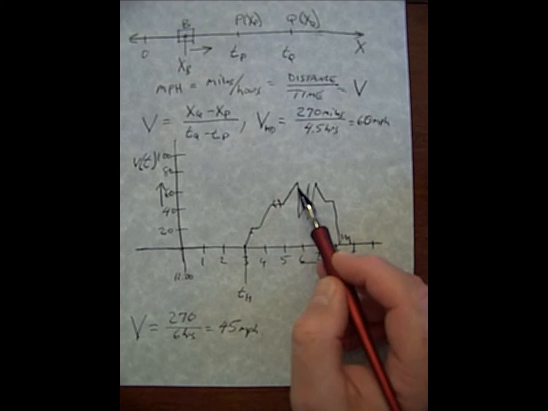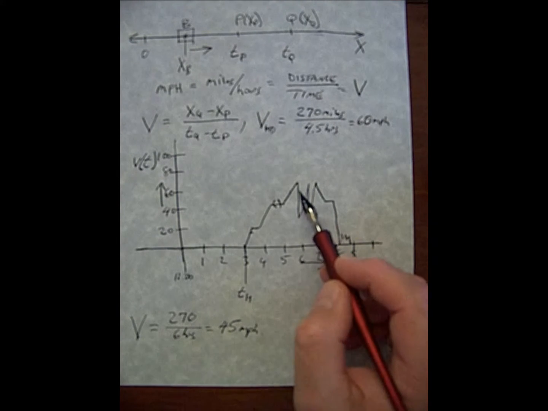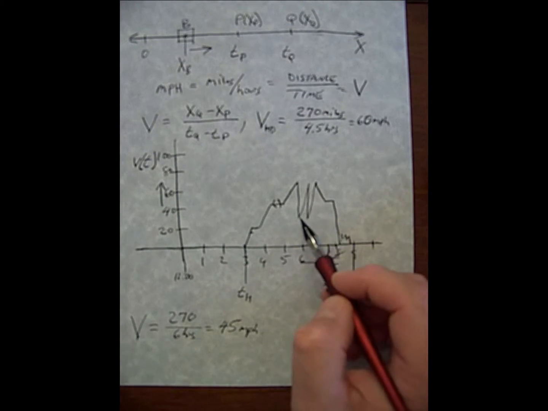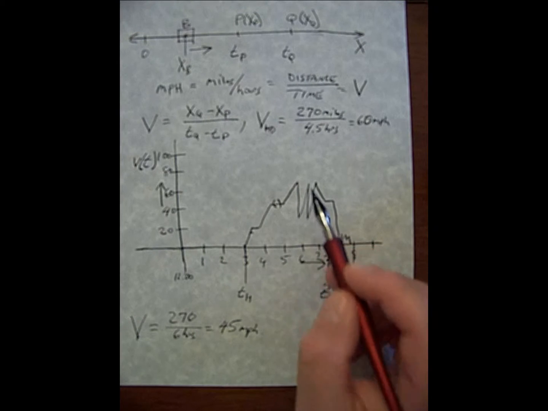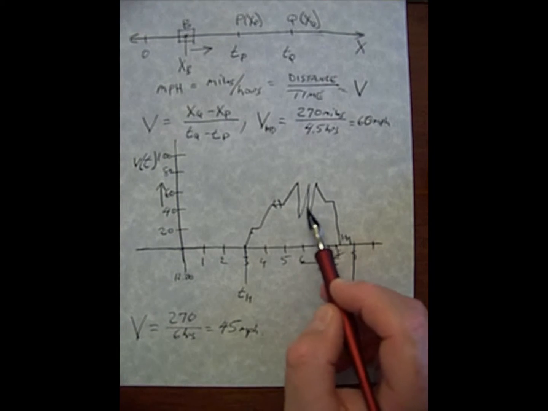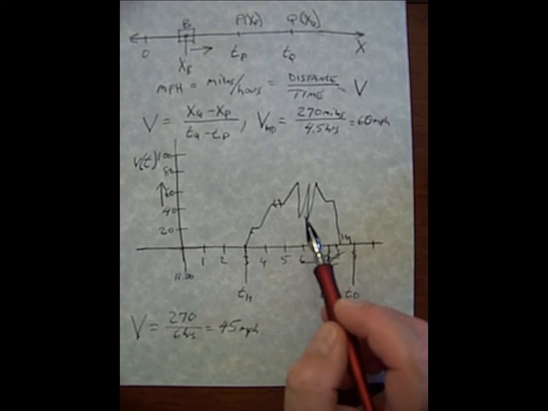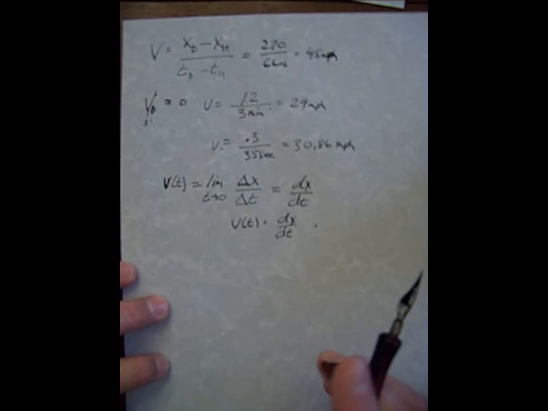I've decelerated from 80 miles an hour to 40. Then I go around the idiot, and now I accelerate back from 40 to 80. So our velocity is changing with time, just as our position changes with time based on our velocity.